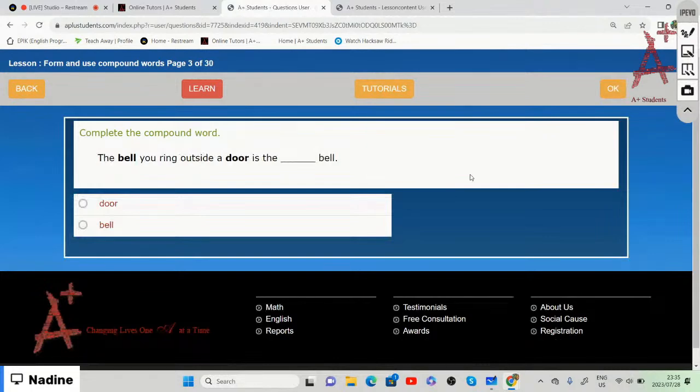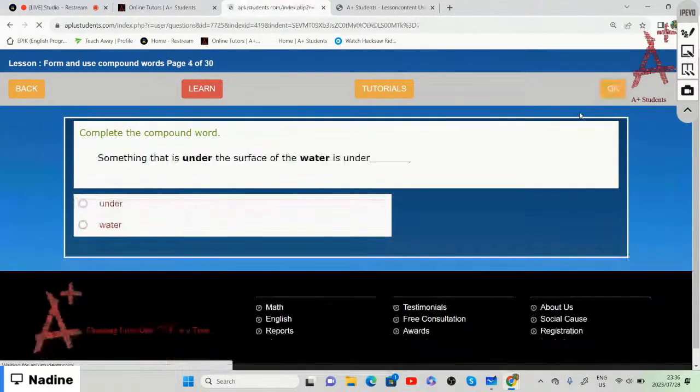The bell you rang outside a door, is it the doorbell or is it the bell? So if we look at the two words, which are bell and door, we can then say it's doorbell, right? But here they're saying the bell that rang outside a door is the what bell? So which means that it is a doorbell. All right.